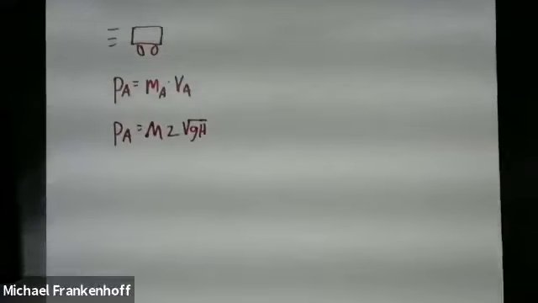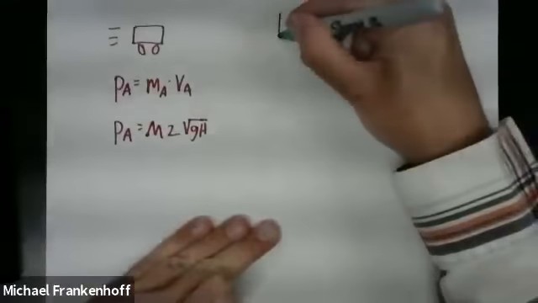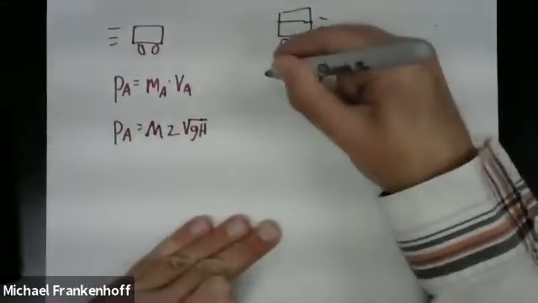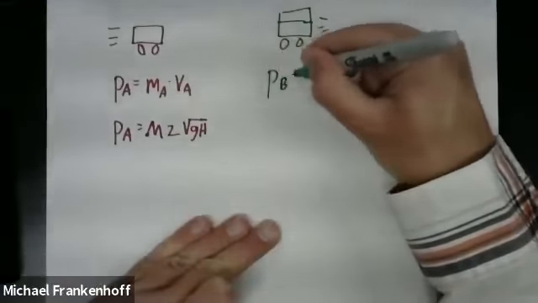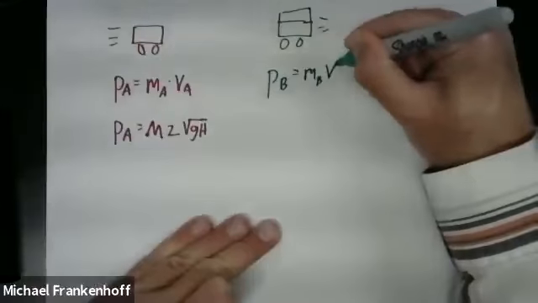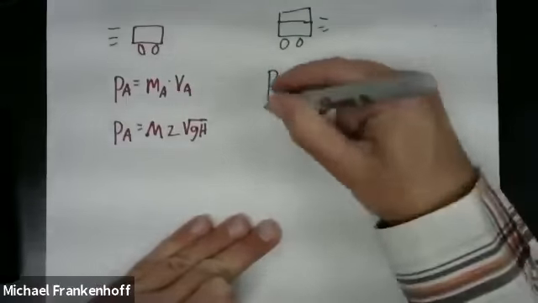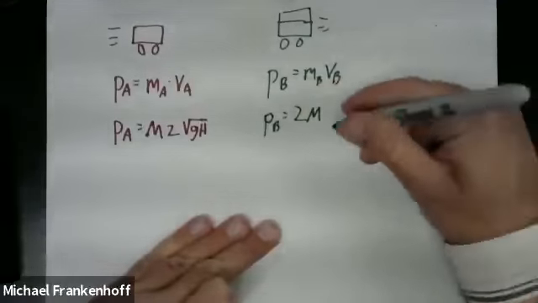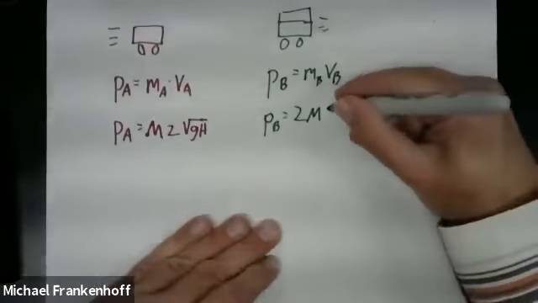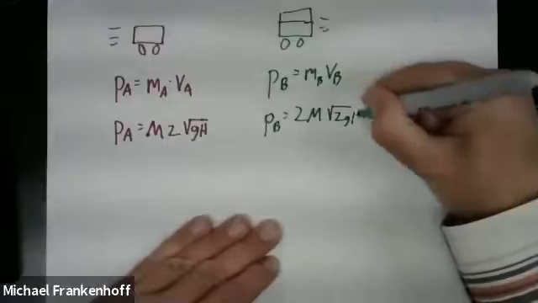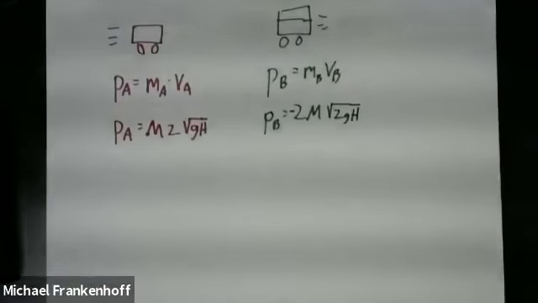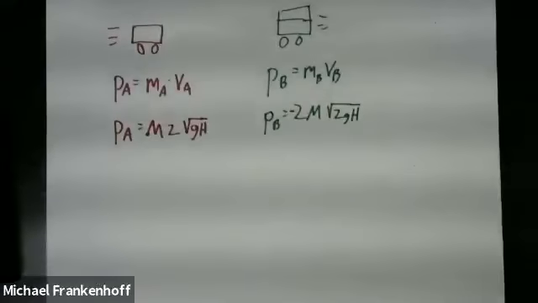Cart B was going the other way. Its momentum will be its mass times its velocity. So its momentum then is, its mass is 2m, and its velocity was radical 2 gh there. And by the way, it's negative to indicate that it's going to the left.